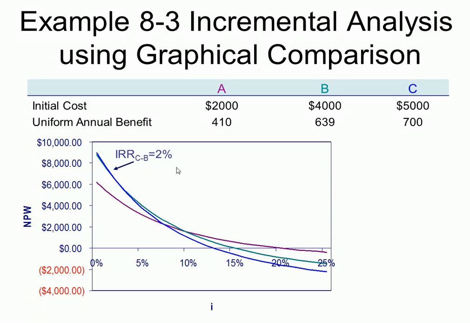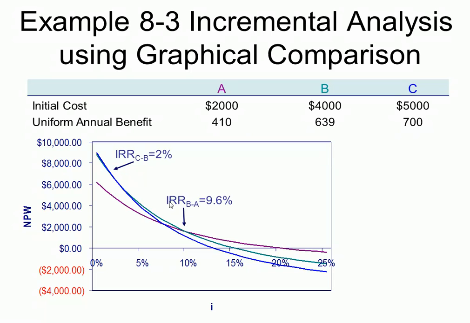Incremental analysis compares the alternatives that are next to each other. So you would compare A to B, then B to C. B is a higher cost alternative compared to A, so from B, we would subtract the cash flows of A, for the initial cost and also for the uniform benefits.